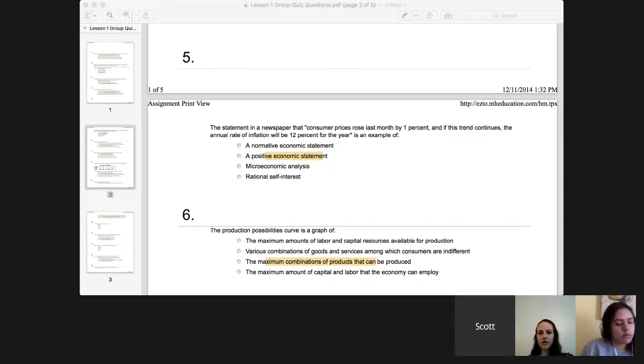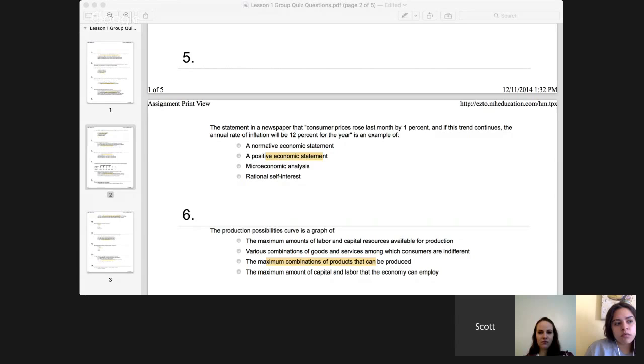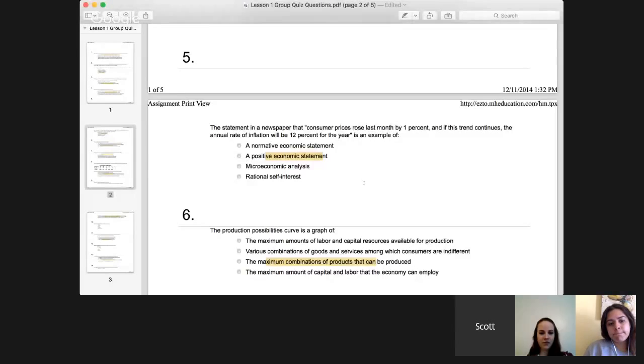Yeah, okay. Normative is just like, well, the inflation for this year should be optimally 4% or something like that. Yeah, but this one's more concrete. It's saying like, if it continues at this rate, then, right. Yeah, exactly. That's an actual fact. That's definitely positive. Yeah.